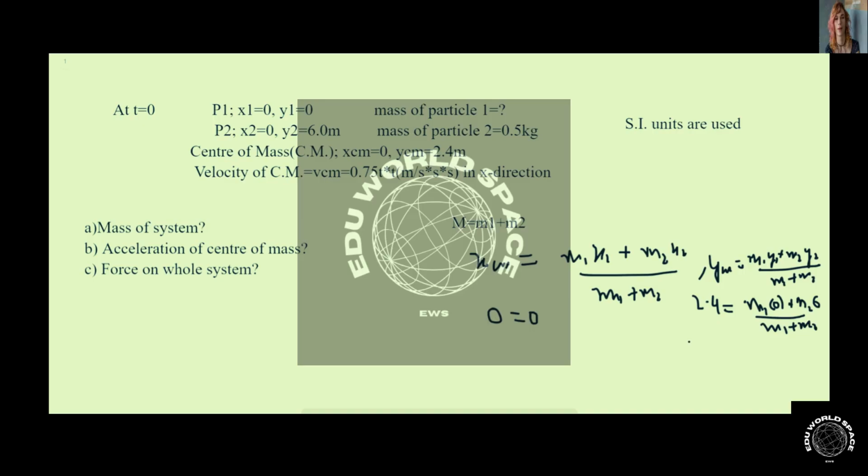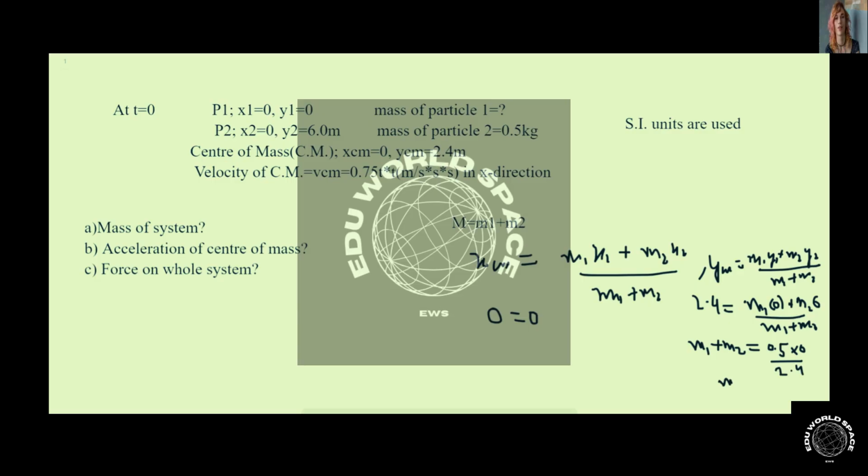So we can calculate m1 plus m2. Putting in the value of m2, we have 0.5 times 6, divided by 2.4.